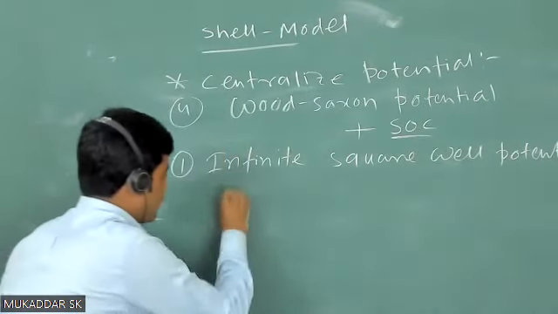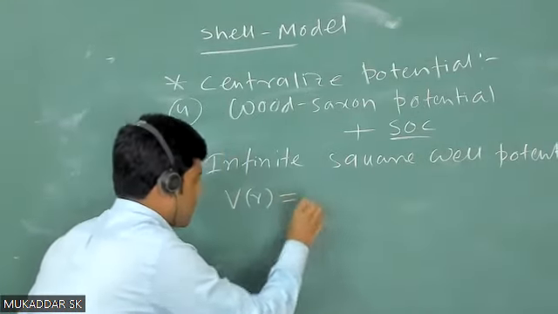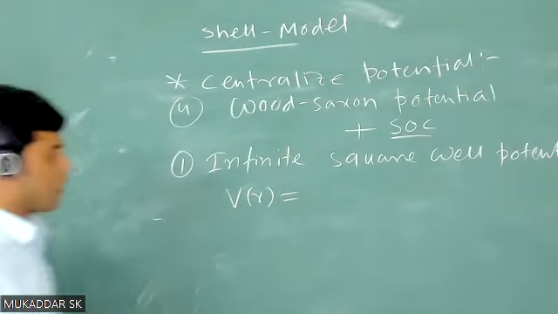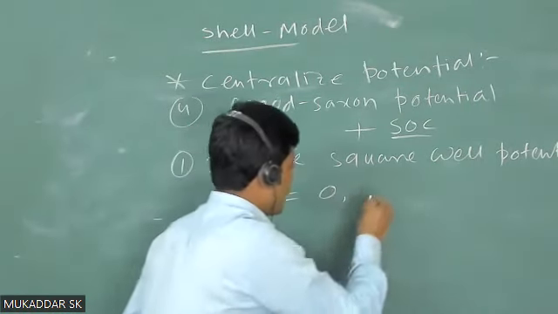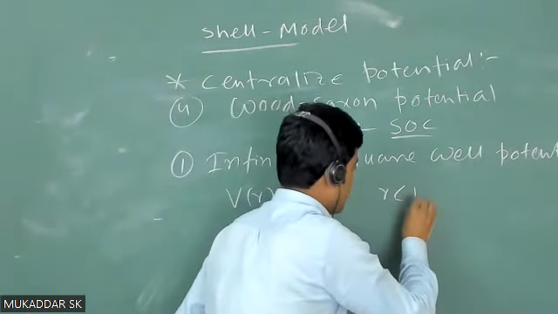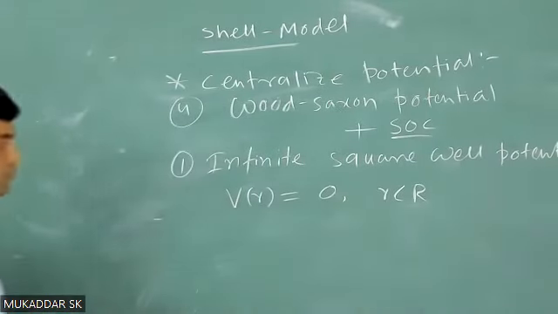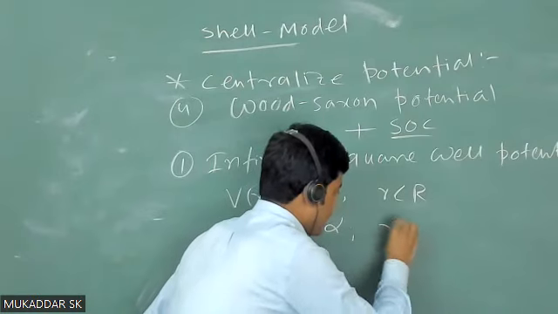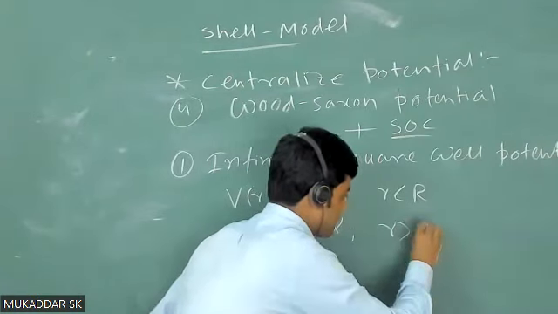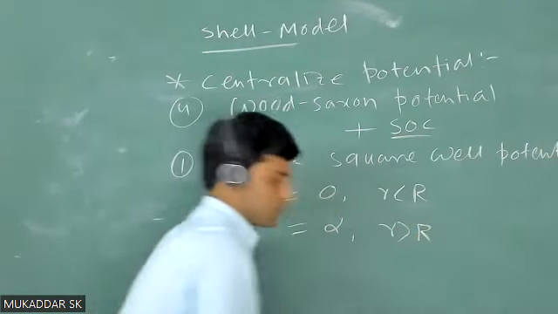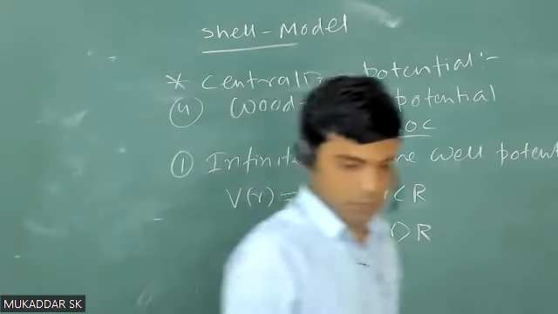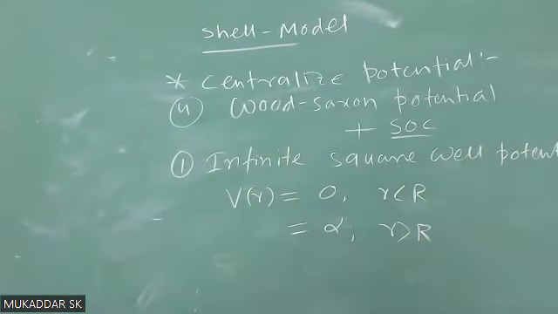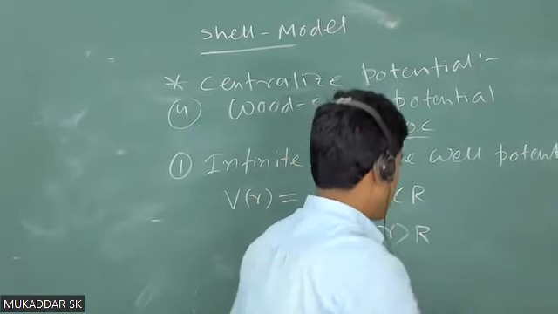They have taken it like that, V of R. V of R equals 0 when R is smaller than the radius of the nucleus, capital R, and it is infinity when R is greater than capital R. So I can describe it like that.